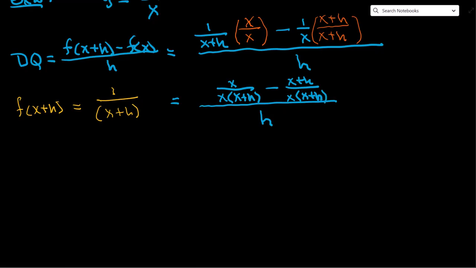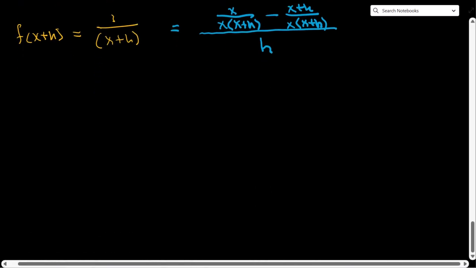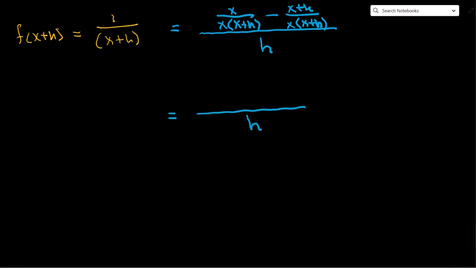What we want to do now is in the numerator, not add, but subtract the two fractions. Before I get into that, remember the denominator is still going to be an h. Now, when I subtract these two fractions, the denominator of those two fractions is still going to be x times x plus h.